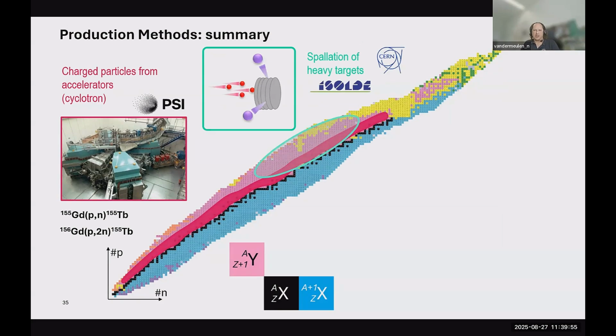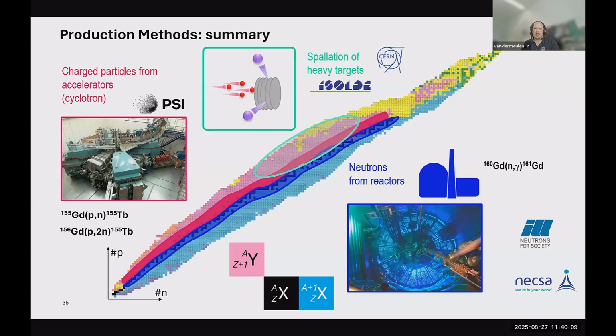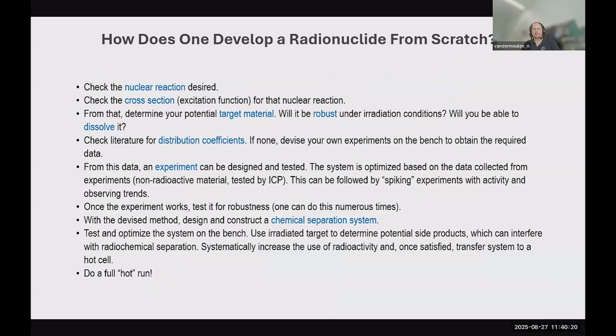Then you have heavy target spallation, which I haven't really touched on, because that is seriously exotic, predominantly used for nuclear physics, but we are trying to apply this now towards medical isotope production as well. But that's another topic altogether. We then have neutrons from reactors, which generally produce neutron-rich nuclides, predominantly used for therapeutic purposes.